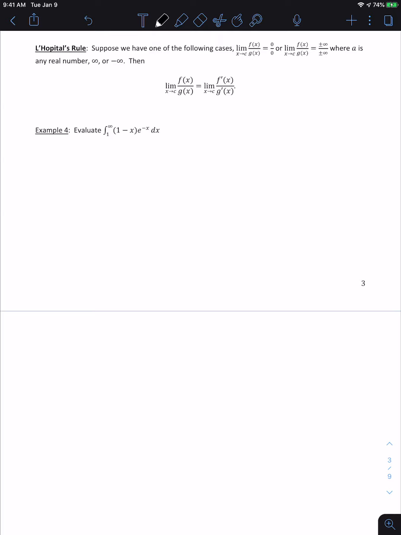So it looks like we might have finiteness, but let's see. All right, so the integral from 1 to infinity of 1 minus x times e to the negative x dx is equal to the limit as b goes to infinity of the integral from 1 to b of 1 minus x times e to the negative x dx.